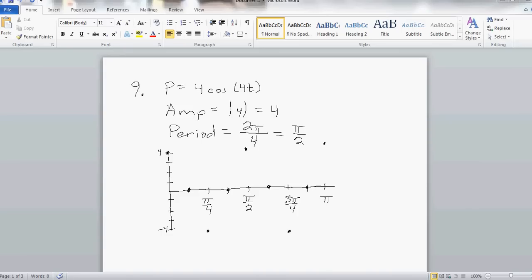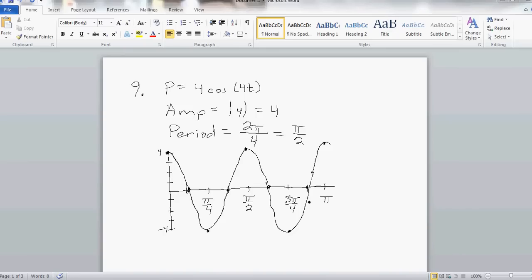And then we get to make this nice sinusoidal curve. Even though it is cosine, we don't call it a cosinusoidal, because as you've seen, both the sine and cosine have in essence the exact same look. And so there is the final graph for number 9.